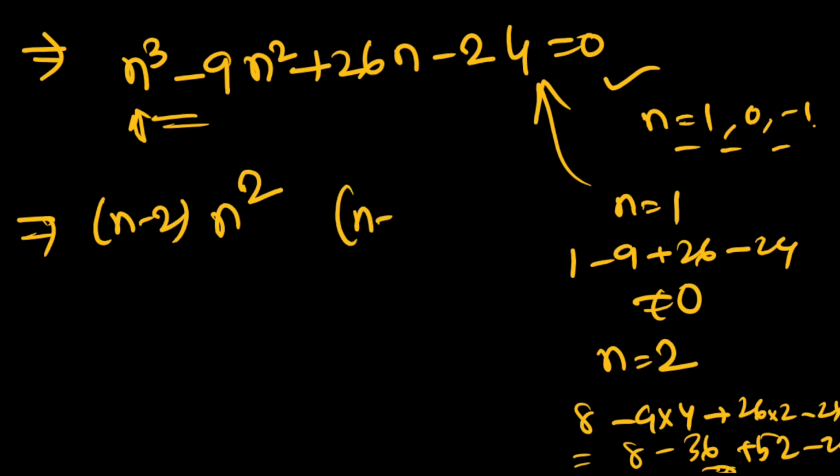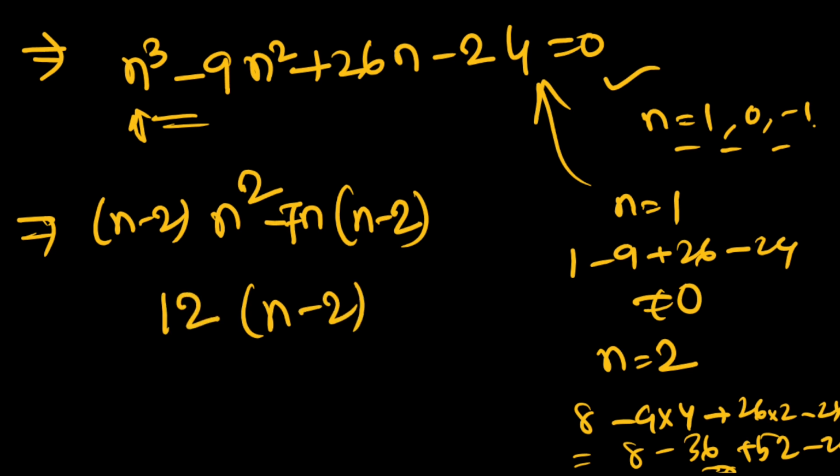So how does it come? n minus 2 is a factor, so n minus 2 times minus 7n gives minus 7n square... so minus 7n and minus 2n square, it is minus 9n square. Then plus 7 into 2, 14, we need 26. So how much is left? 12n, so 12n minus 24 is equal to 0.